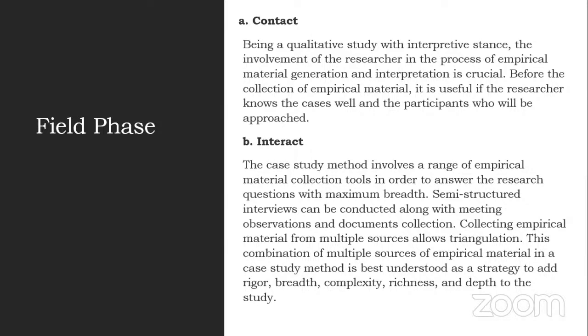Empirical material generation means where we are actually collecting the data. So before collecting the data and interpreting it, the researcher has to know about the phenomenon as a whole, the background of the participants, the cases, whatever you are considering. You have to completely know that. All right.